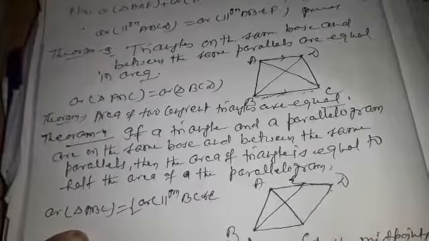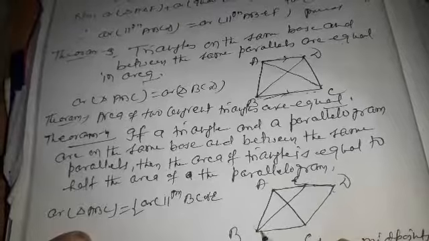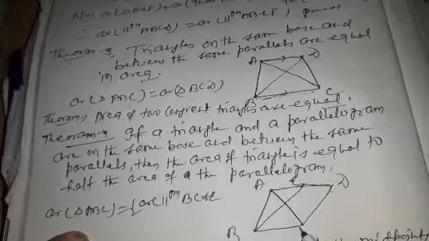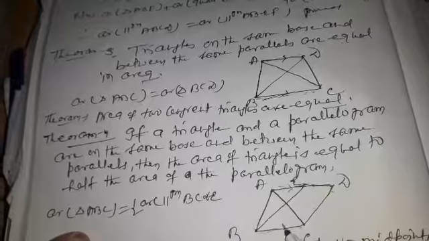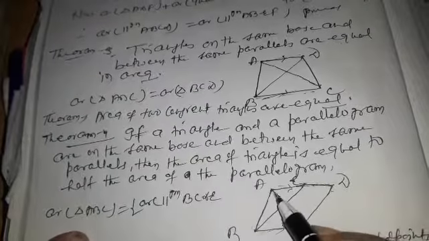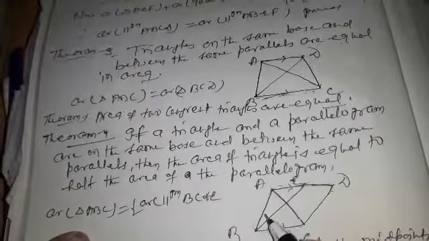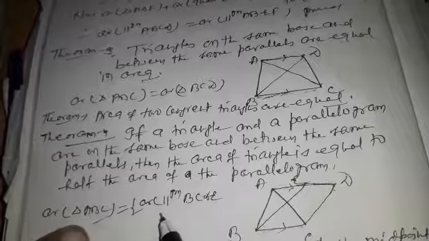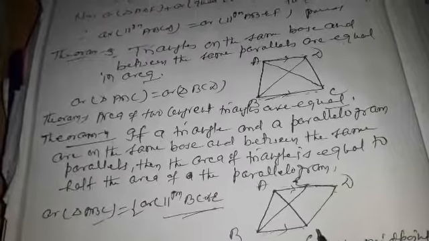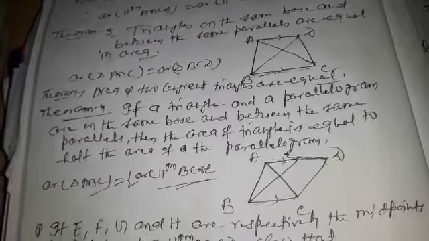Here triangle ABC and parallelogram BCDE are on the same base BC and between the same parallels BC and AD. So we know that the area of triangle ABC is half the area of the parallelogram. Proof is not required here.